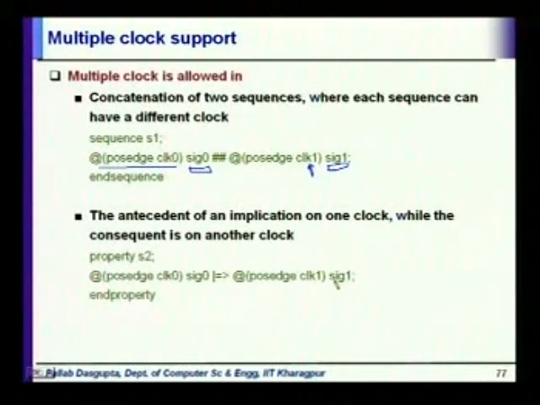The definition of clock is part of the property specification. In fact, your clock may not be an actual clock, it could be some signal A. So, always at A would mean that whenever A changes, you start matching that property. You can put any arbitrary event there.